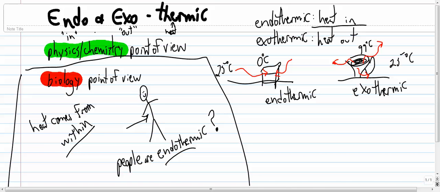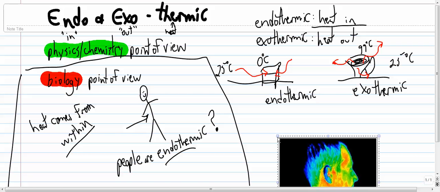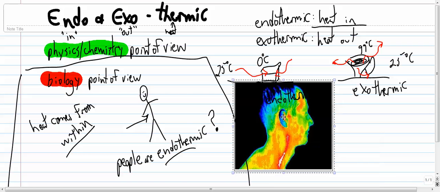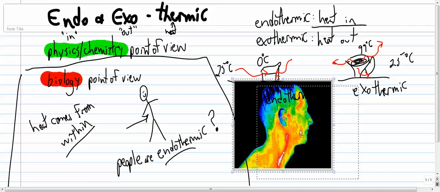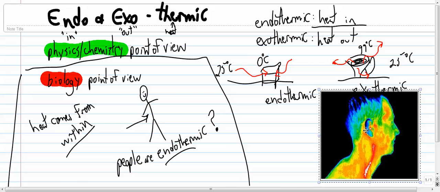However, from a physics person's point of view, here's the way I look at it. If you have a person, this is a thermal image of a person. You can see the ear is cold, and their carotid artery right here is giving off a lot of heat. Looks kind of warm right there in their ear hole.